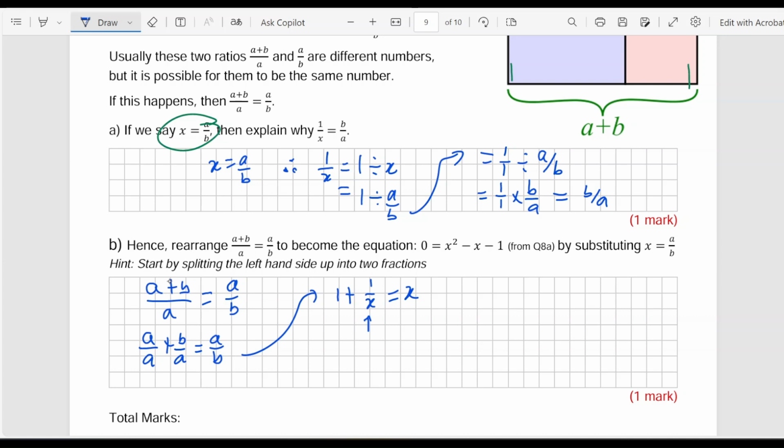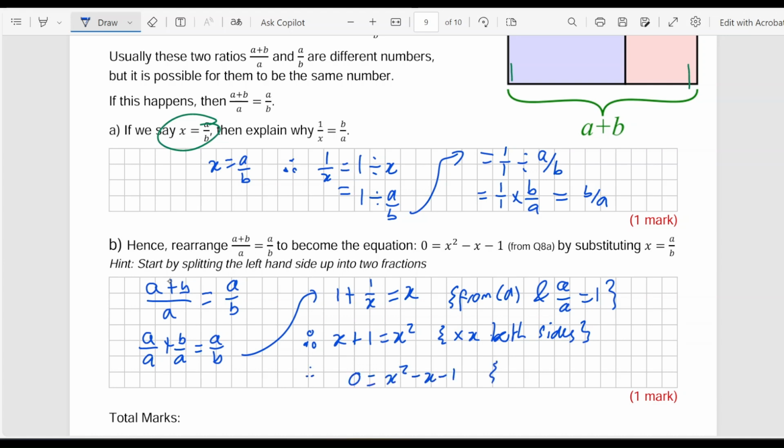So this one here is from the fact that A over A is 1. And therefore, if we times everything by x, x plus 1 is x squared, times x to both sides. Therefore, 0 is x squared take x take 1, after we rearrange.